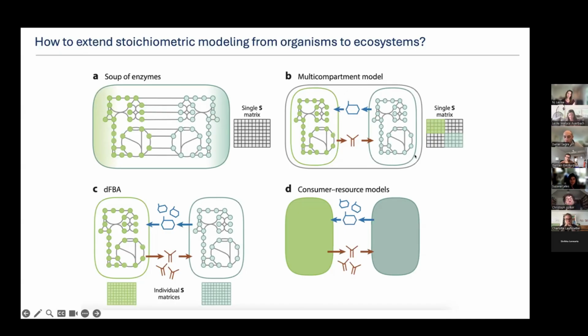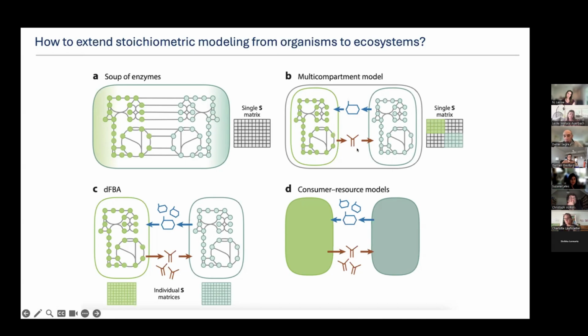A type of approach that has been very useful and is still being used a lot is this multi-compartment model, where you can imagine the collection of multiple species being put together into a single block stoichiometry.